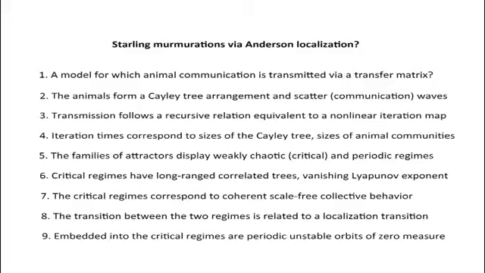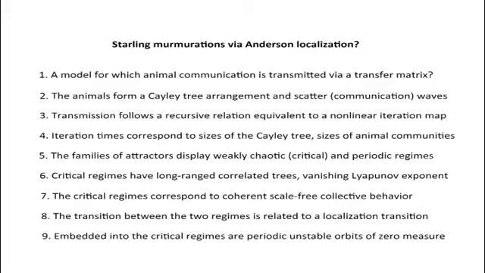So why not? One can look at these active particles or collective behavior in other systems. Why not with the transfer matrix? Why not arrange them as a double Cayley tree?